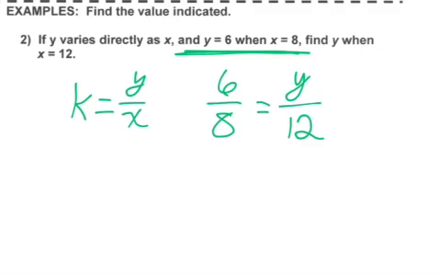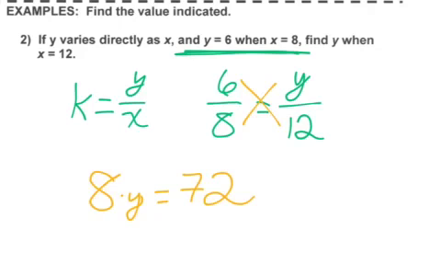So we can set up a proportion problem where we cross multiply to get an answer. To find y, you would multiply 8 times y and 6 times 12, which would be 72.